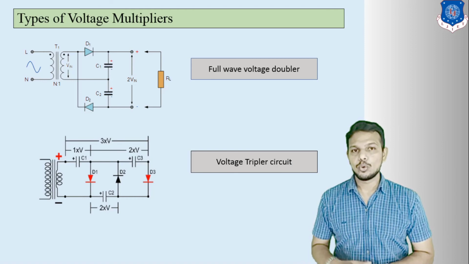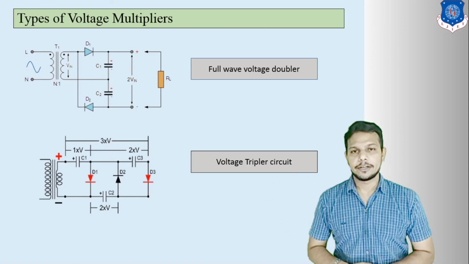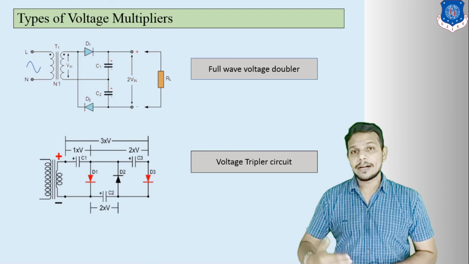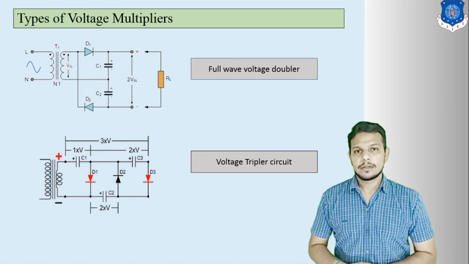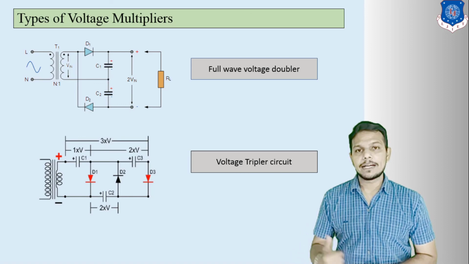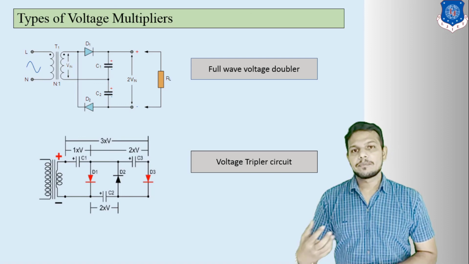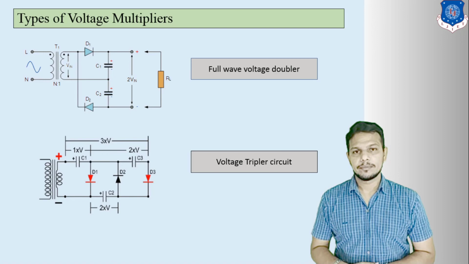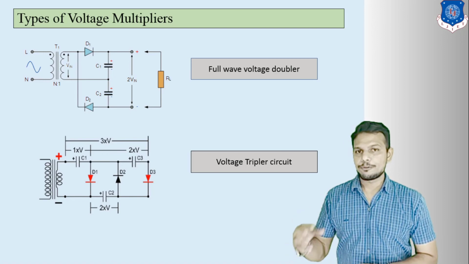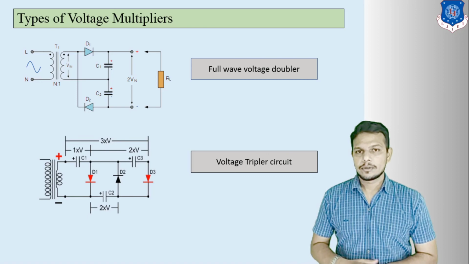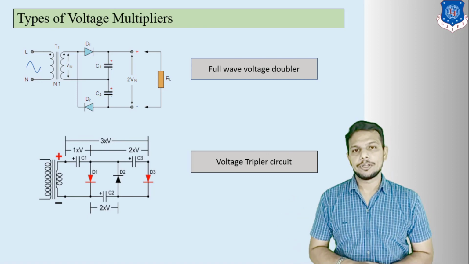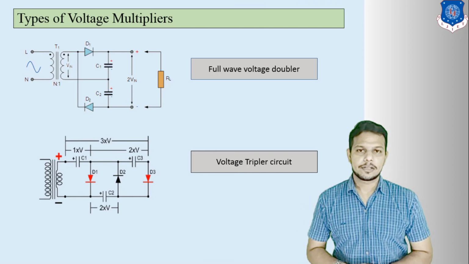Then after that, the voltage tripler circuit. Here we add one extra diode, and due to this we will get thrice Vm. So if you enter 5 volts at the input side, you will get 15 volts at the output side in the tripler circuit.